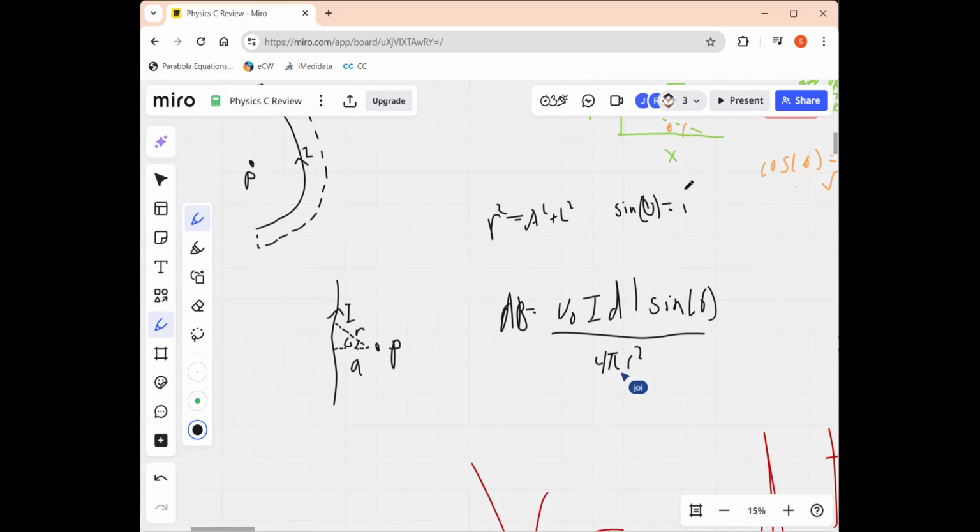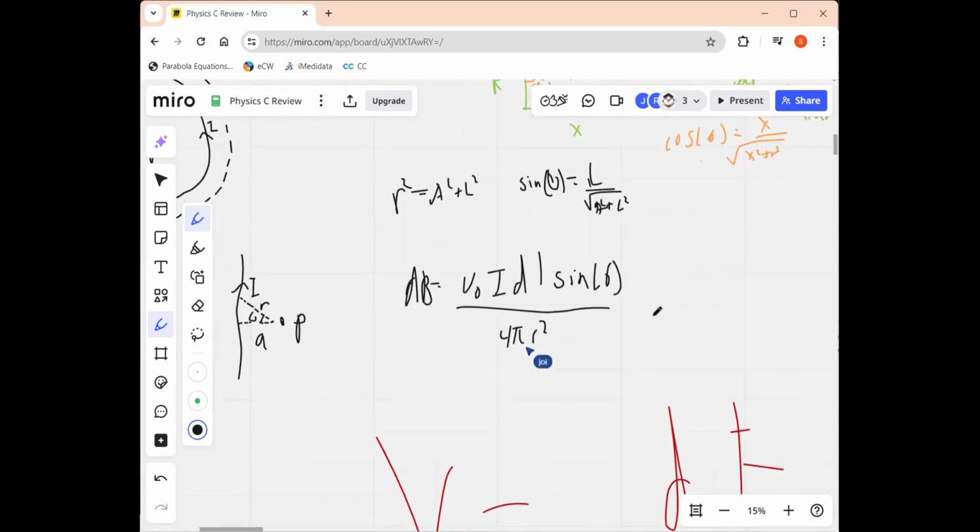Opposite, so it's just like L over, and so I'm going to treat this as an infinite wire.